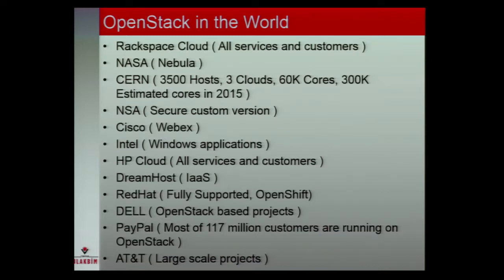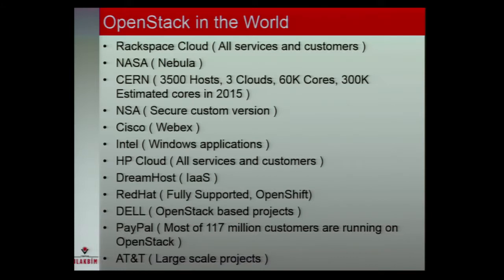This is some statistics about OpenStack usage in the world. Rackspace Cloud uses OpenStack for all services and customers. NASA uses OpenStack in the Nebula project. CERN has 3,500 physical hosts, 3 cloud instances, and 60,000 CPU cores, and it's expected to reach an estimated 300,000 cores in 2015.